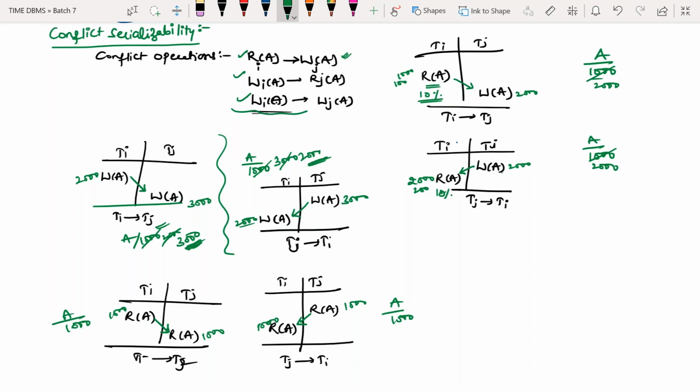What are the conflict operations? Conflict operations are read write, write read, write write on the same data, A, whatever it may be, same data by different transactions.